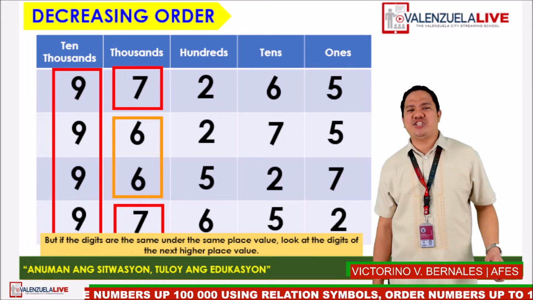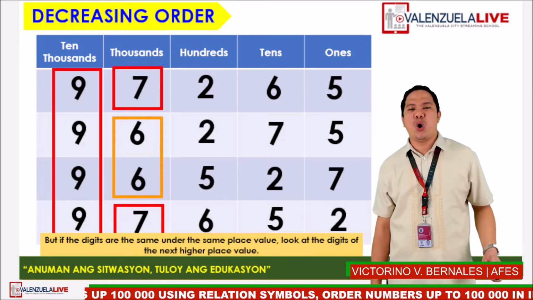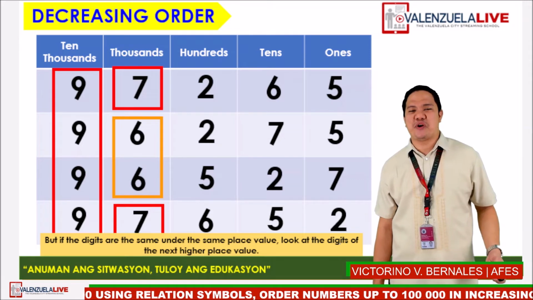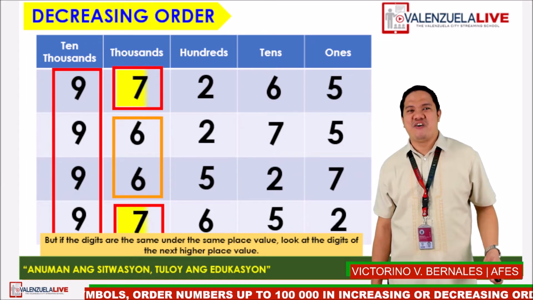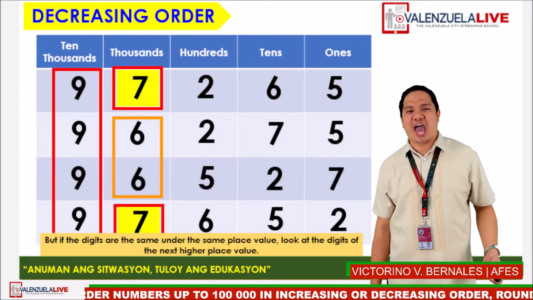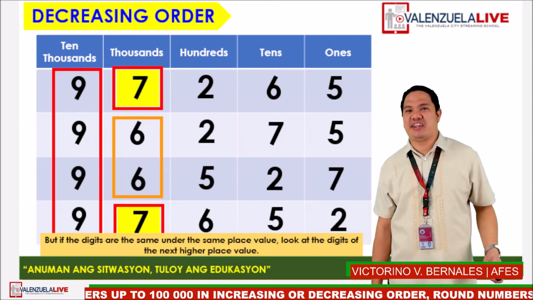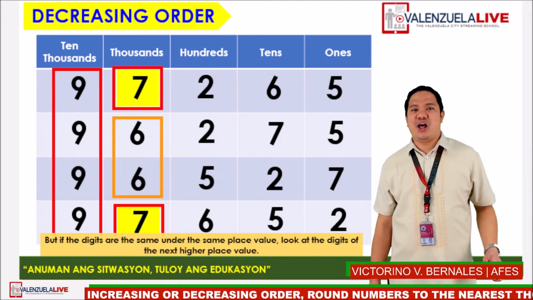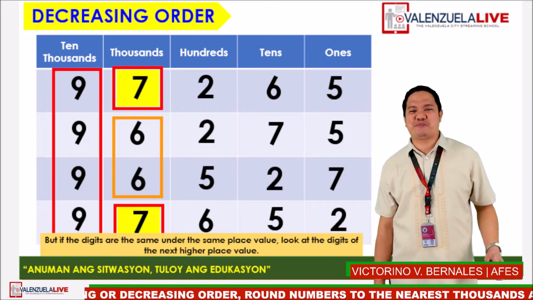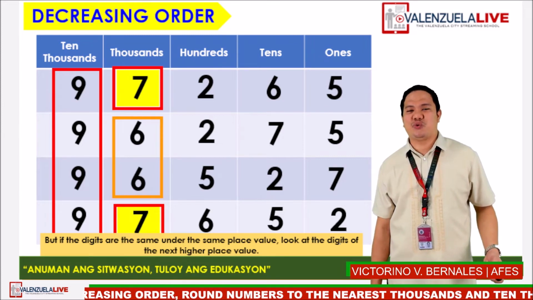Since we are arranging these numbers in decreasing order, what number should we choose first? 7 or 6? Very good. We have to choose 7 first because 7 is greater than 6. Then, looking at the digits in the hundreds place, what digit should we choose first?